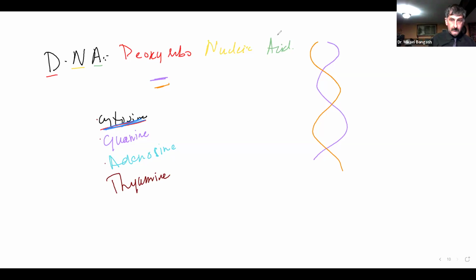Now, guys, along this strip here, let's just say on one strip we have cytosine. This cytosine here is only going to be able to make a pair with guanine.